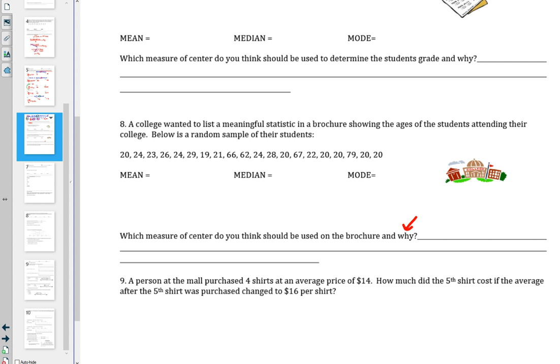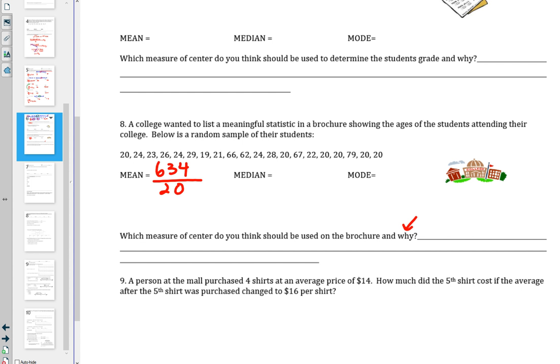Did anybody add up those numbers for me already? What'd you get? Everybody agree with that? How many numbers, 1, 2, 3, 4, 5, 6, 7, 8, 9, 10, 11, 12, 20? Getting 20 there?